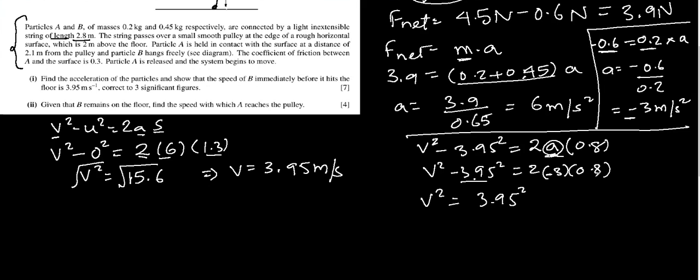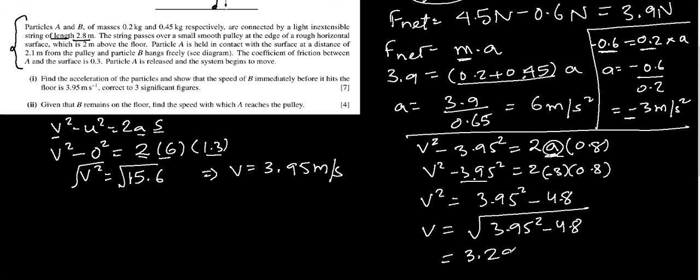So minus 6 times 0.8 is minus 4.8, and v will be the square root of 3.95 squared minus 4.8, and let's put this in the calculator. It gives us 3.286. You can write 3.29 meters per second. That was the speed with which object A hit the pulley.